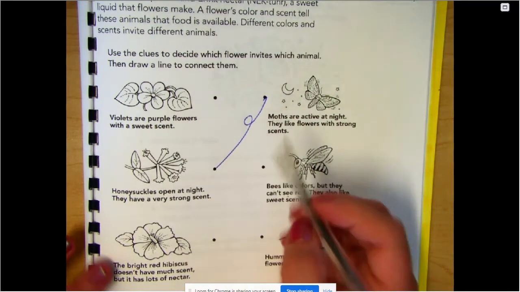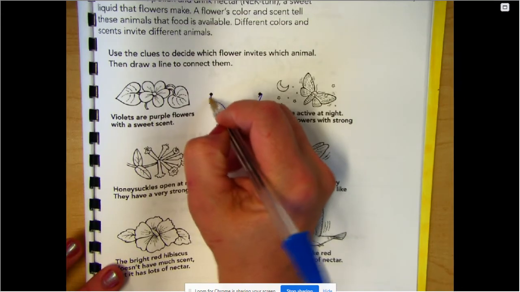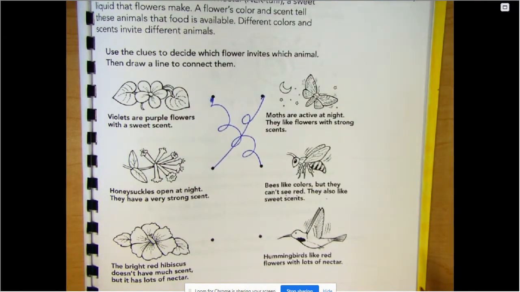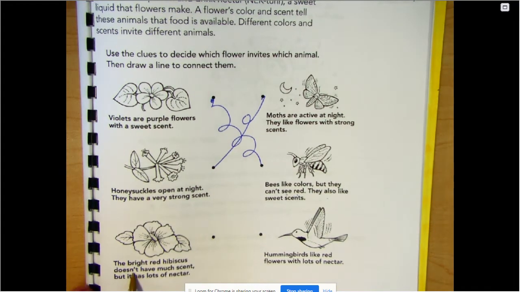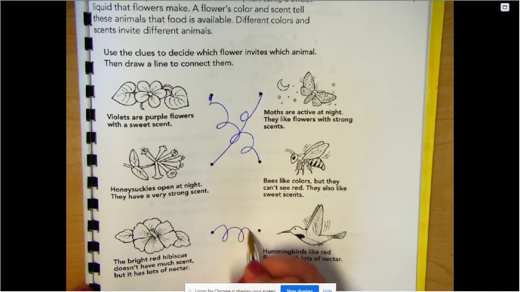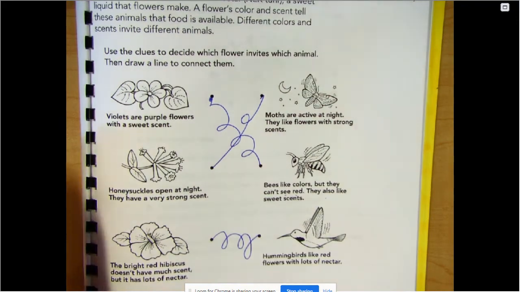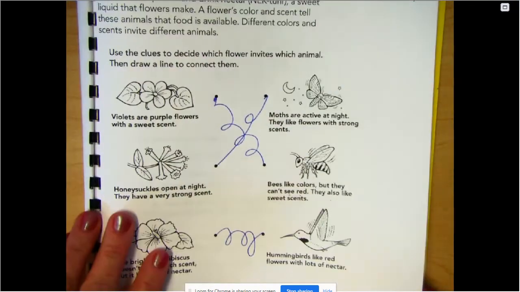These have a sweet scent. So, right there. And then a hummingbird likes red flowers with lots of nectar. This is red with lots of nectar. There. All right. That was pretty fast.